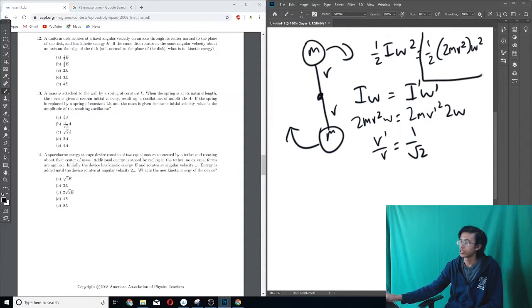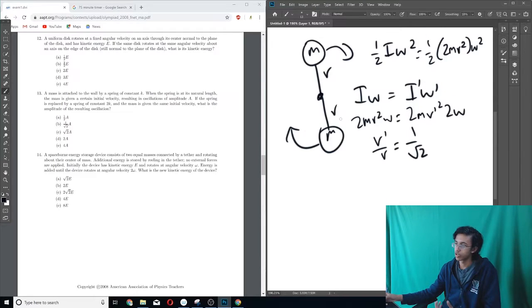So now we can plug everything into our initial equation. This is our initial moment of inertia, and this is our initial energy. If we want to find our final kinetic energy, we just do 1/2 I prime w prime squared, which is equal to 1/2 times 2m r prime squared, which is r over root 2, times 2w squared.